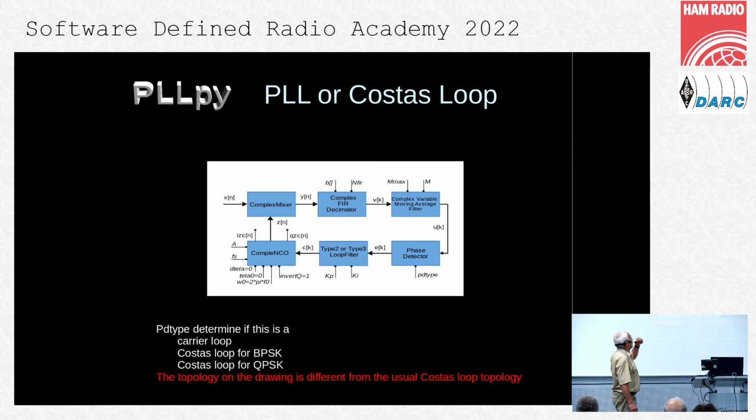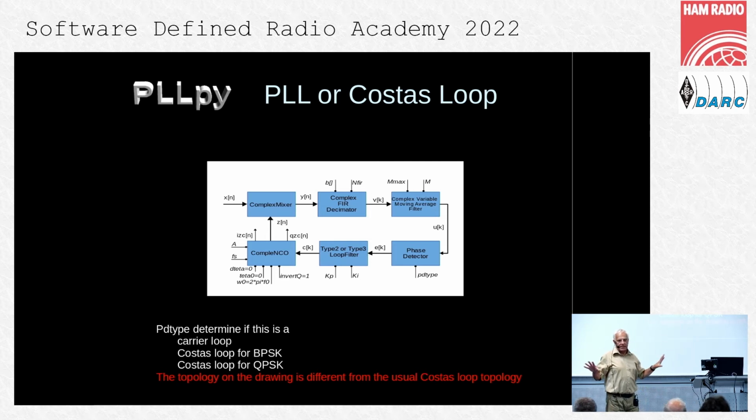Here is one of the implemented loops. Actually, it's a combined loop for unmodulated carriers, BPSK modulated carriers, and QPSK modulated carriers. The only modulation dependent thing is the PD type parameter of the phase detector.